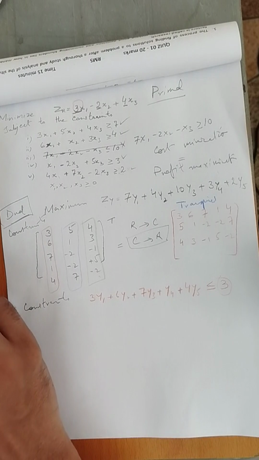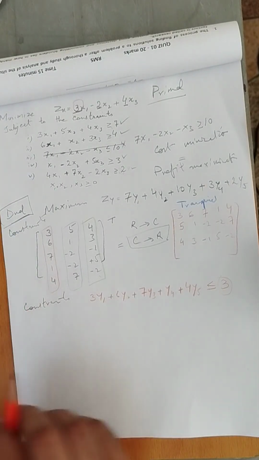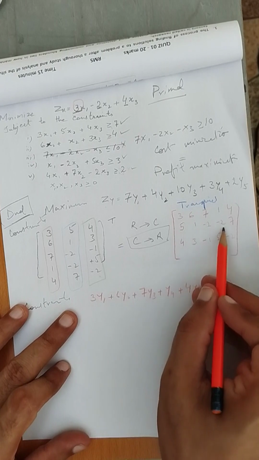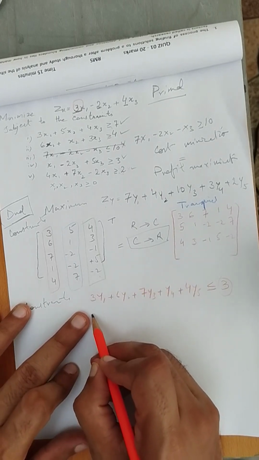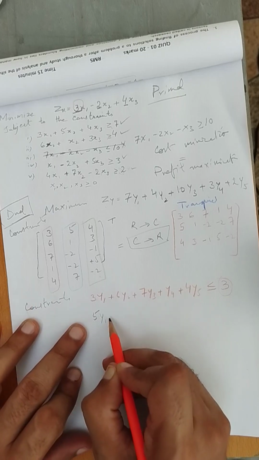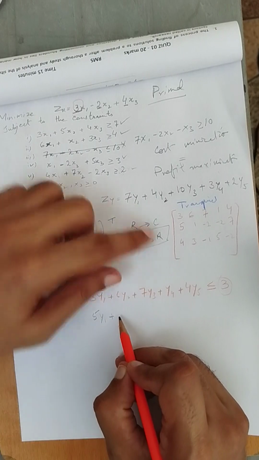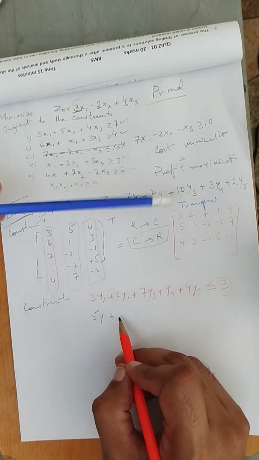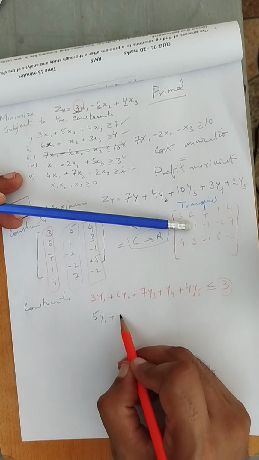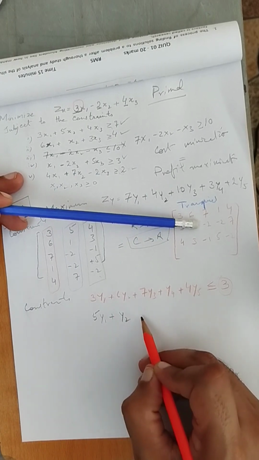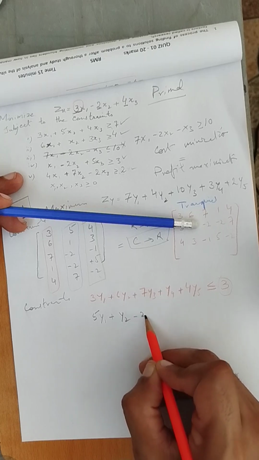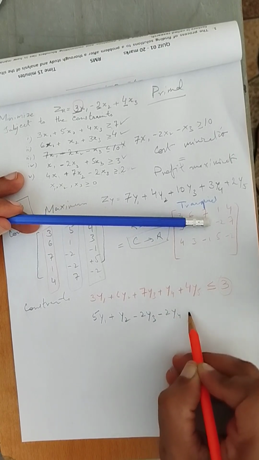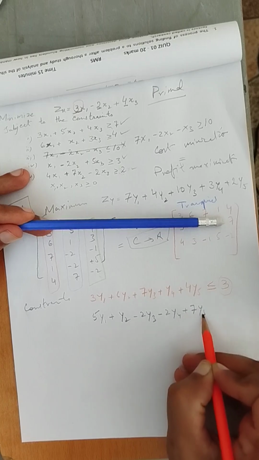See, second is we take another one, that is 6 1 3, that is 5 1 -2 -2 7, 5 y1 plus 1 plus 2 plus you see 1 is the, we don't have 1, -2, right, -2 y3, -2, we write -2 y4 plus 7 y5.